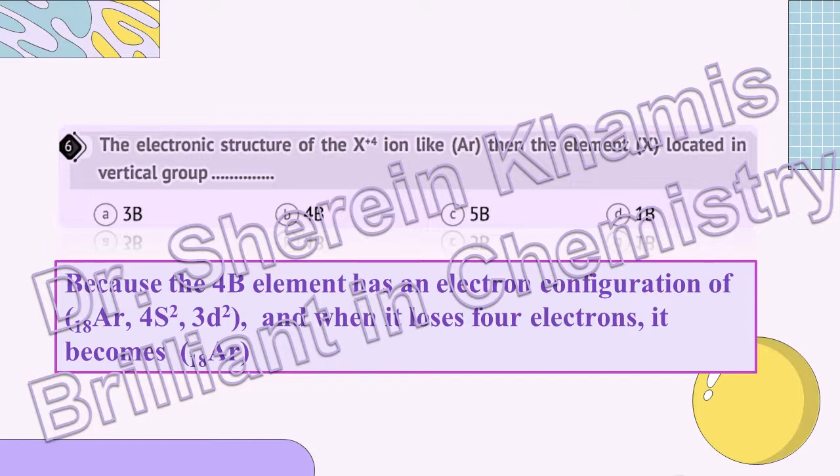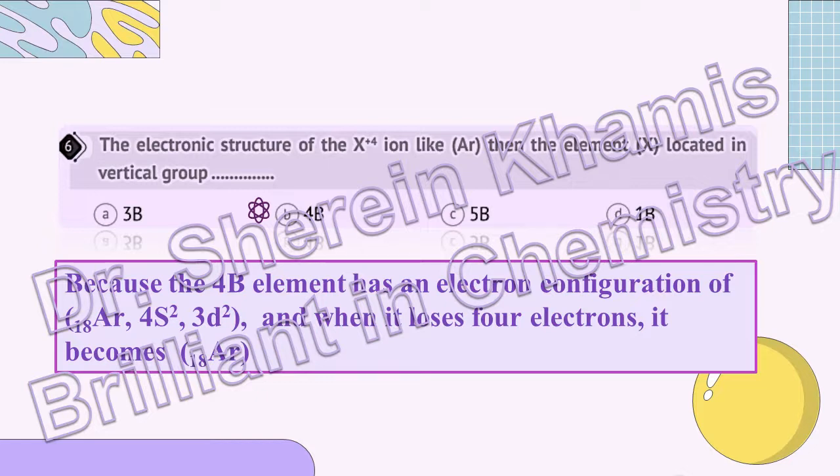So the element X is located in which vertical group? It loses 4 electrons, so it will not be an inert element, as it will be in group 4B. It will be in group 4B as the electron configuration illustrates, containing 2 electrons in the d orbital and 2 electrons in the s orbital.